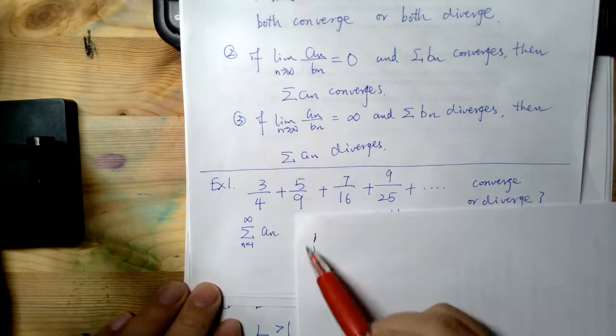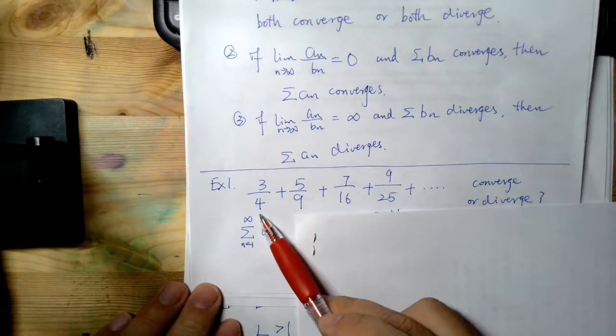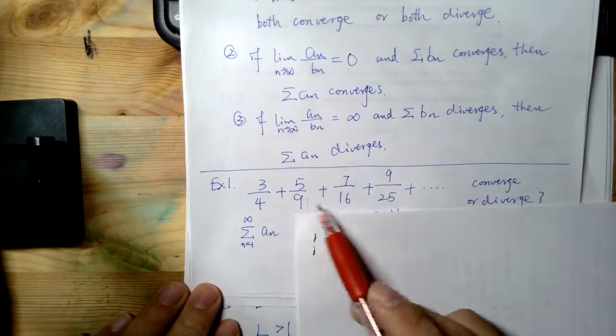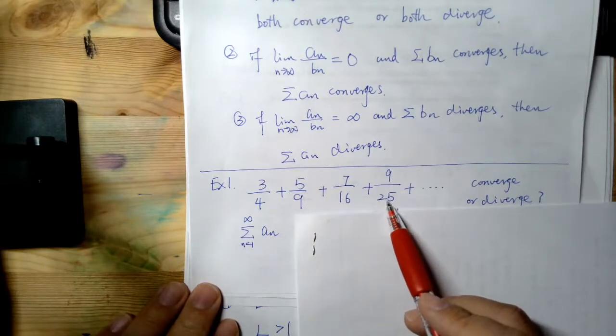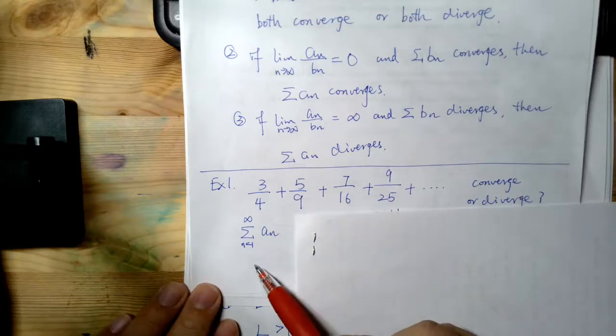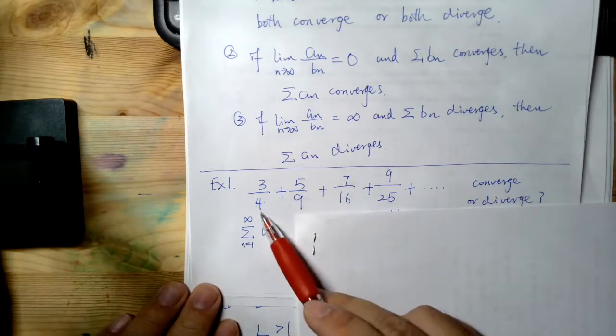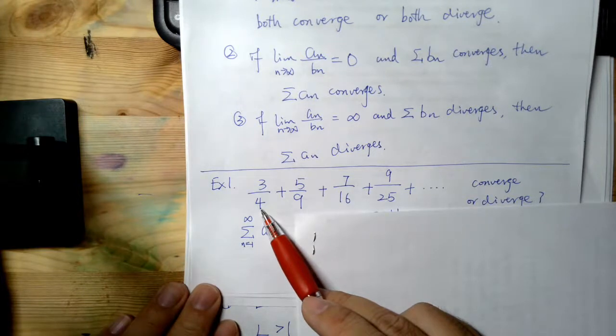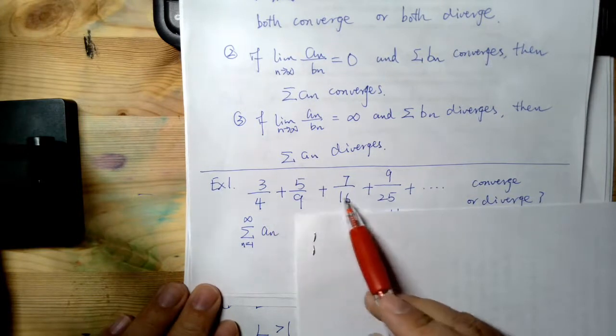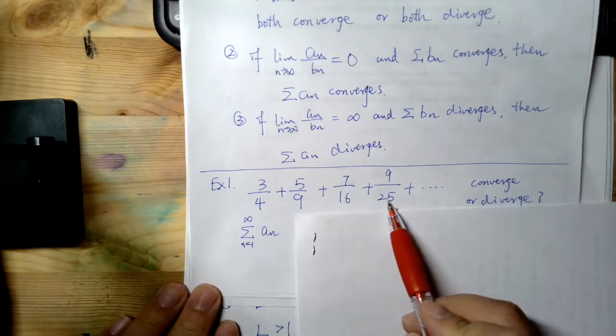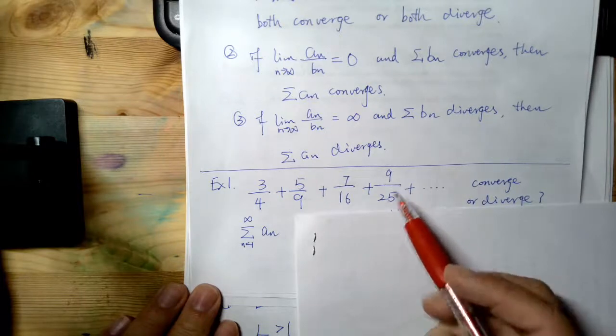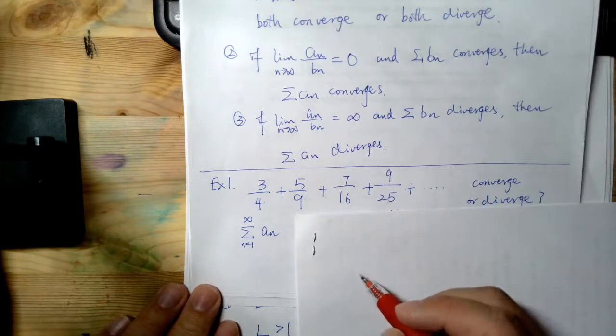It turns out that the denominator is not that bad. It's 2 squared, 3 squared, 4 squared, and 5 squared. If we count n starting from 1, this is 1 plus 1 squared, this is 2 plus 1 squared, this is 3 plus 1 squared, this is 4 plus 1 squared, so the denominator is going to be (n plus 1) squared.